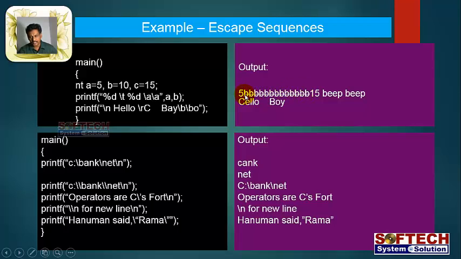For readability, I have shown the symbol of blank space, but on the screen it will not display any character. It just displays 5, then blank spaces, with no character appearing on the screen. For our understanding and readability, we indicate it like this. Then it displays 15.